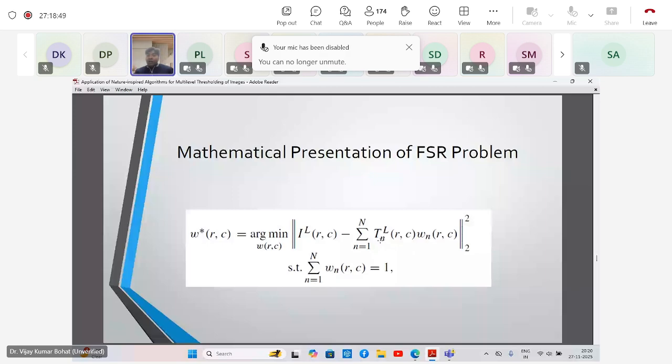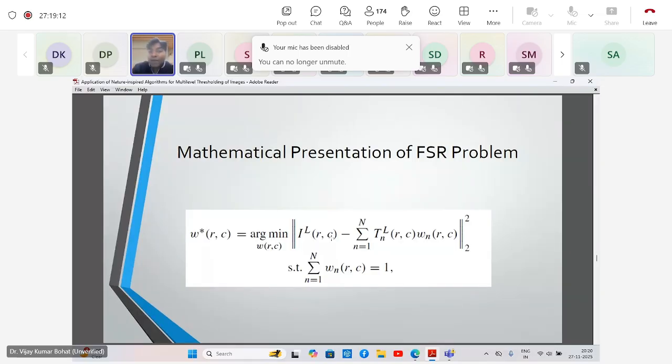With the help of all training images, we try to create an image that is equal to the input low resolution image. So we multiply a weight, like 0.1, 0.001, 0.02, to every training image. With the help of all training images, we create a single image and subtract it from the original input image.